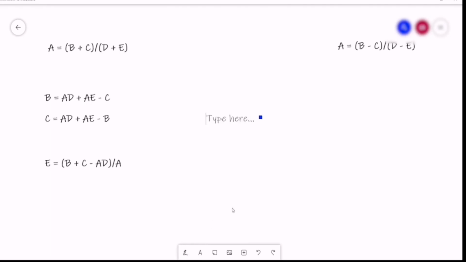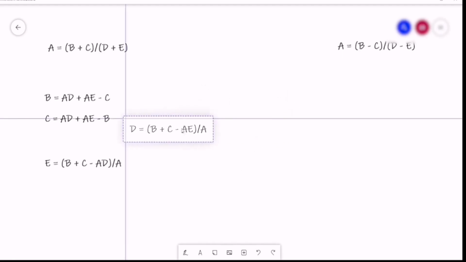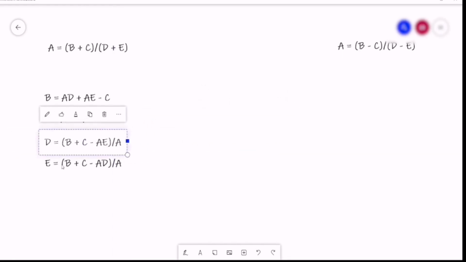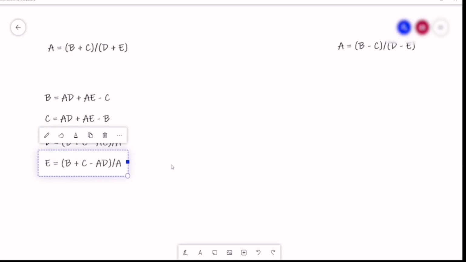Right, so whenever d is missing, the resulting formula would then be b plus c minus ae all over a. So that's actually almost the same as the formula for e. It's just that we have here ae instead of ad. That's because d is missing in this part while e is the one missing in this part.